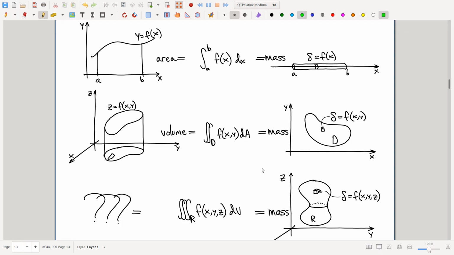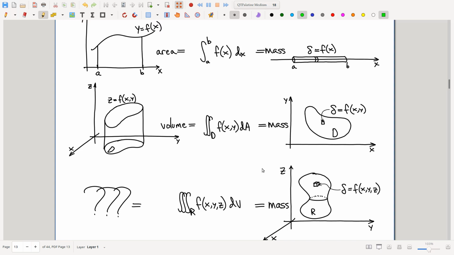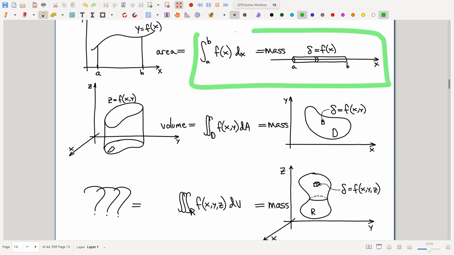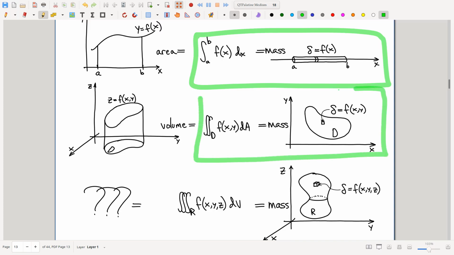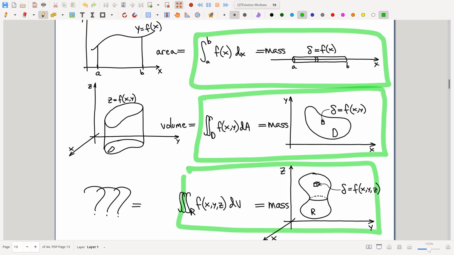But as I emphasized last time, you really have to take this point of view here if you want to make sense out of a triple integral, because that's the only one that extends. I suppose you can insist on thinking about single variable integrals this way and double integrals this way, but you cannot do that for a triple integral.